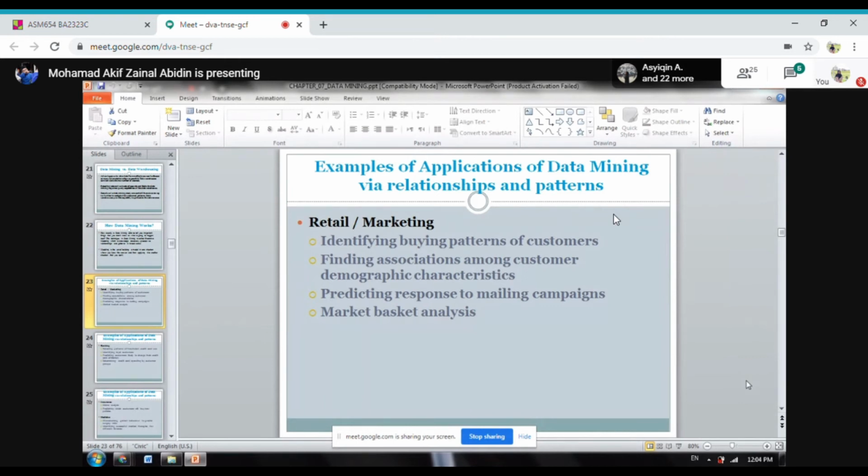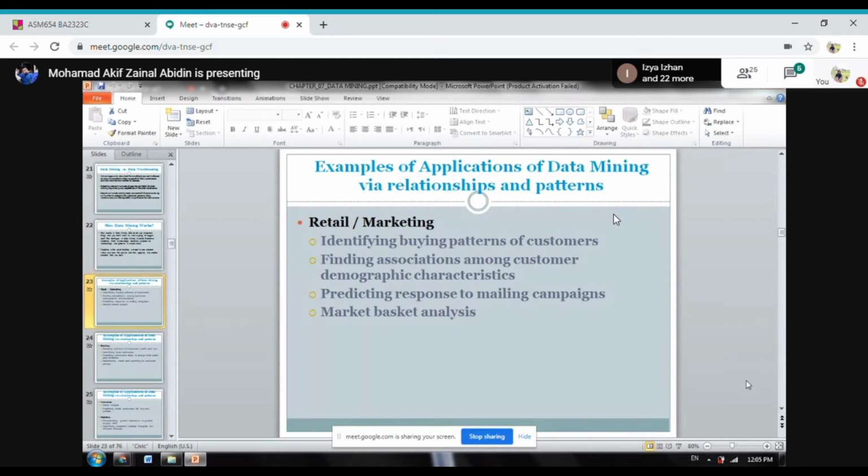The third one here will be examples of applications of data mining in different industries. This one is similar to chapter 1, when we discussed examples of applications of data warehouse. So if you would like to analyze, you must have the words patterns, predictions, uncover hidden knowledge, uncover hidden patterns about certain transactions in the industry.